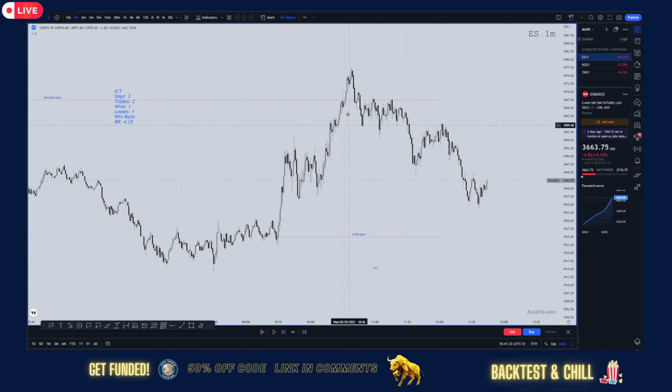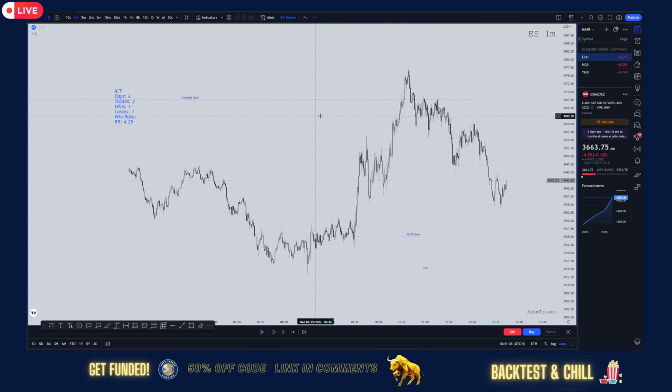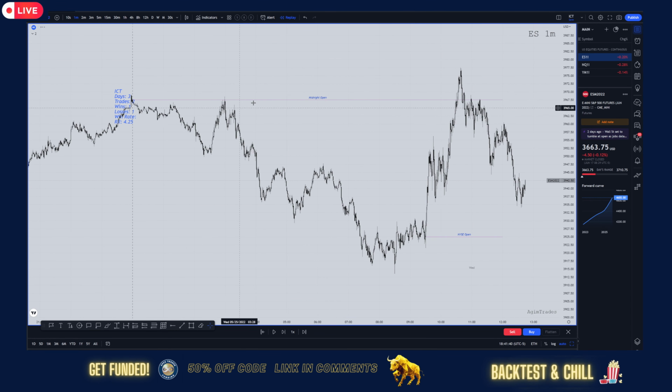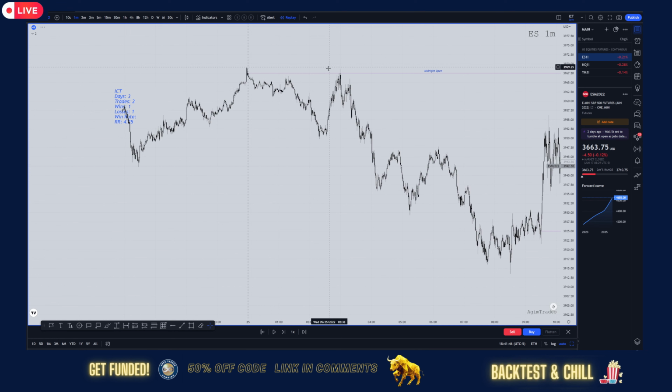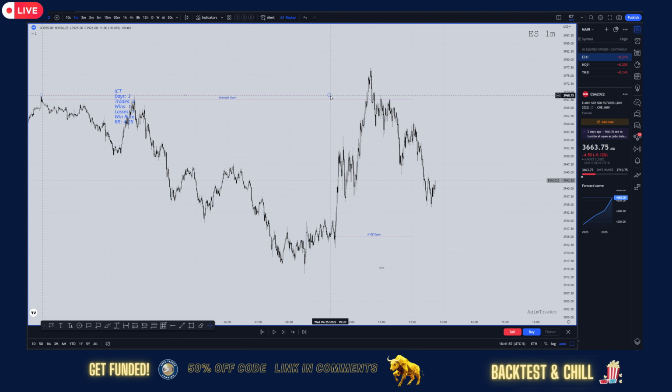So if we look at that, first we look at what liquidity did it purge. So if I drew a line here from this high, we're going to see it purged all this liquidity up here.